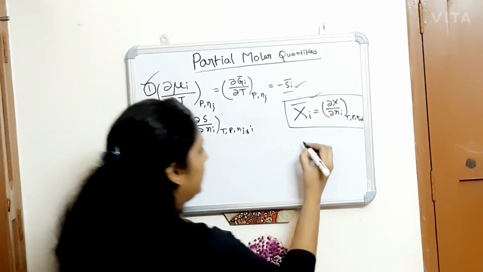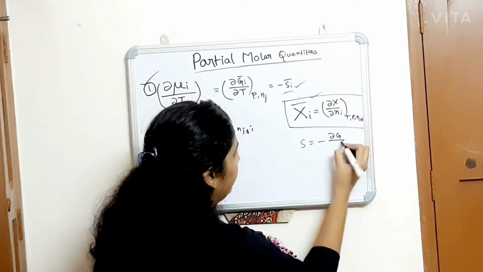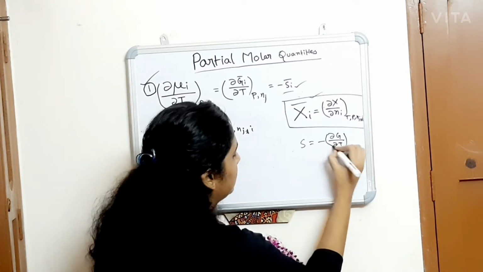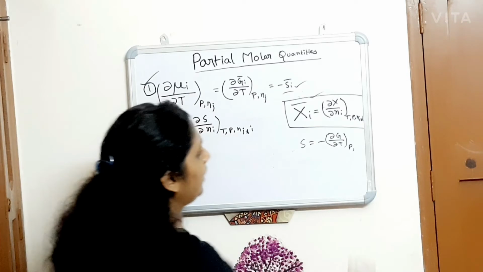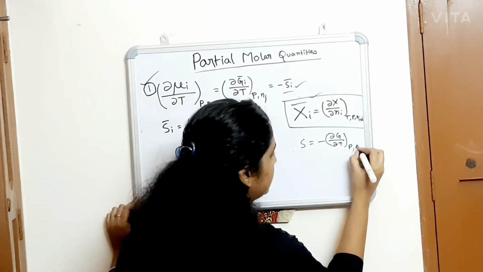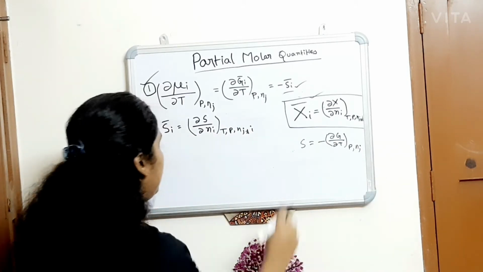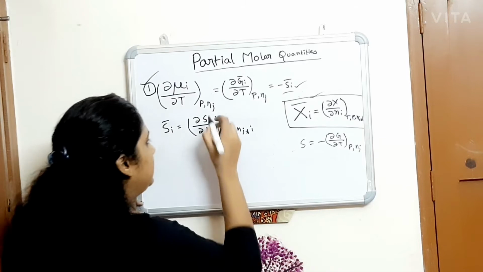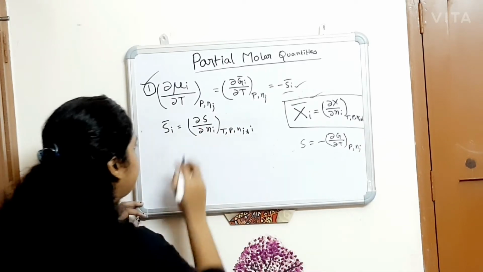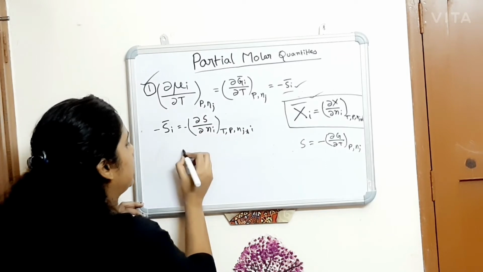Now again you know that S is equal to minus ∂G/∂T at constant P, or in a mixing state, at constant nⱼ also, that is the components are also constant. So you can write this S by this term, just by taking the minus.